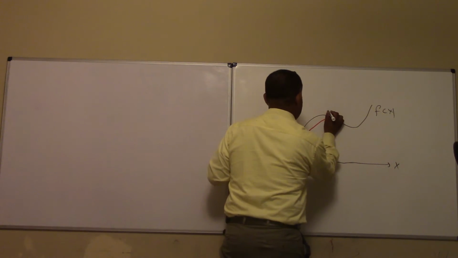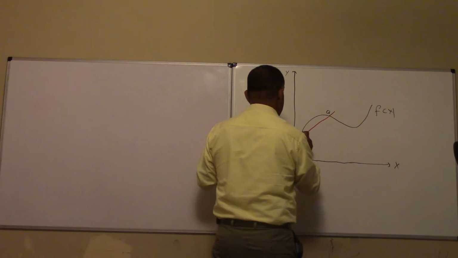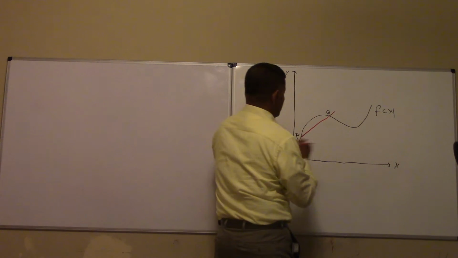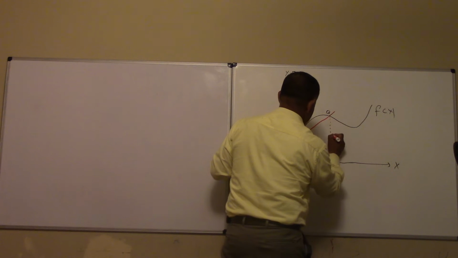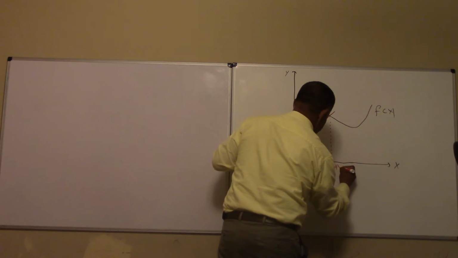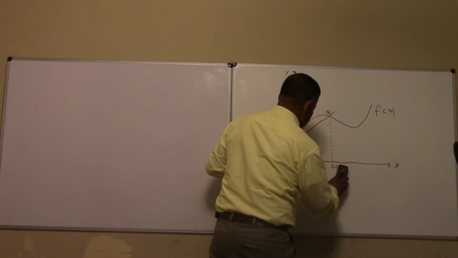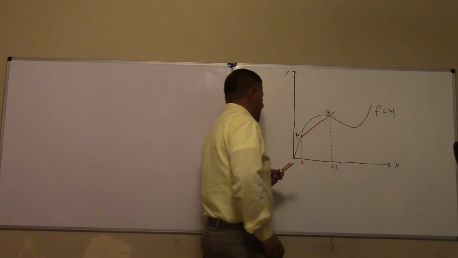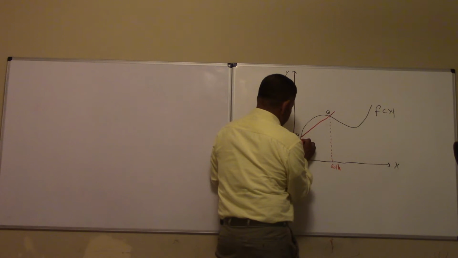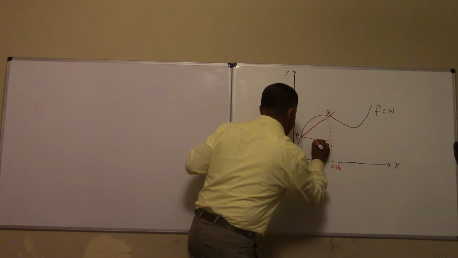So this is point Q, and here is P. Now I'm going to drop another little line, and I call this A plus H. Then I make something like that, and I call that distance H.